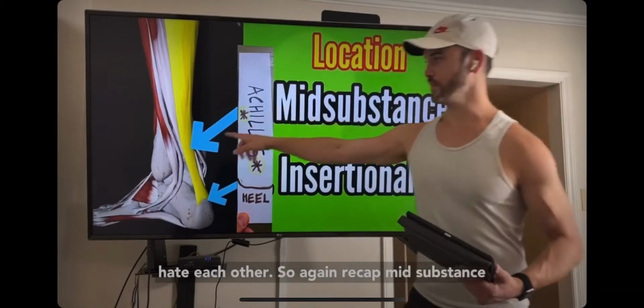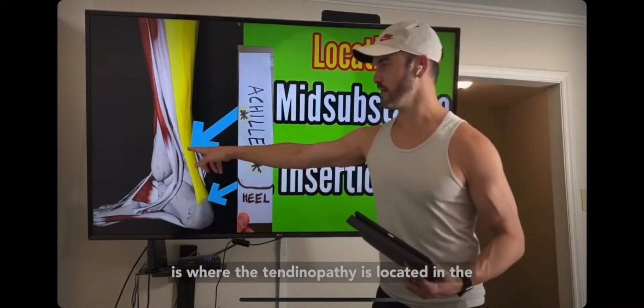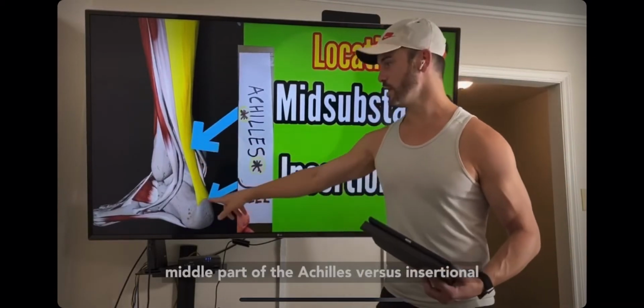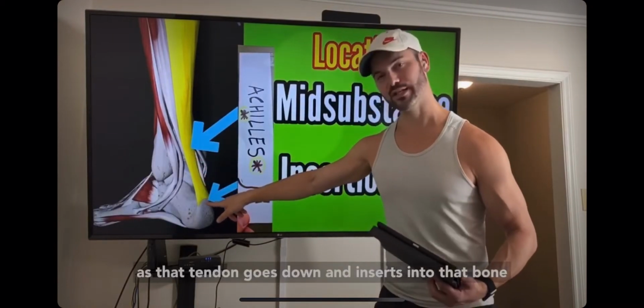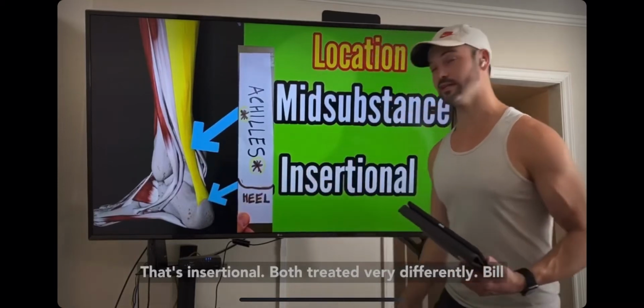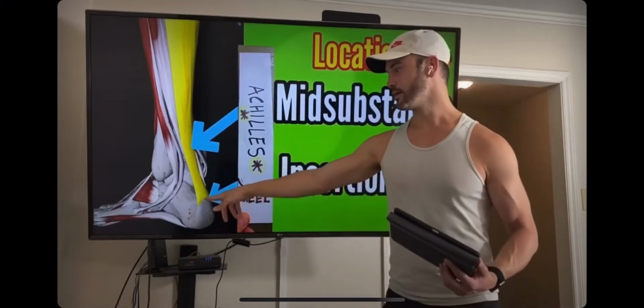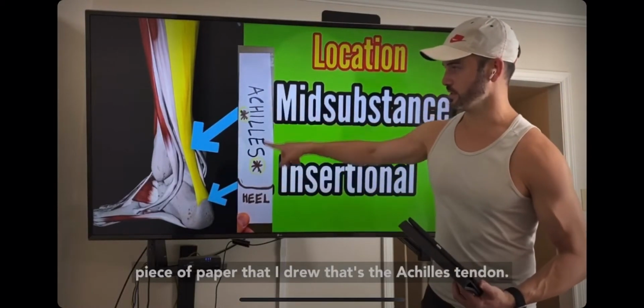So again, to recap, mid-substance is where the tendinopathy is located in the middle part of the Achilles, versus insertional, as that tendon goes down and inserts into that bone, that's insertional. Both treated very differently. Bill, he's got insertional. So if you look at this piece of paper that I drew, that's the Achilles tendon.